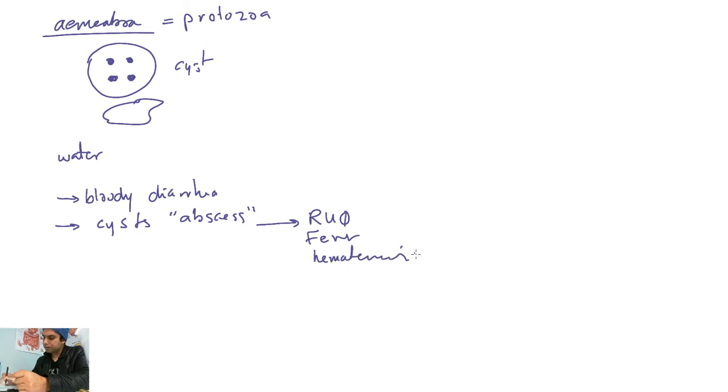Hematemesis, which is vomiting blood. When you do a CT scan, which is a good test, you will see hepatic cysts or abscesses. So look for that.